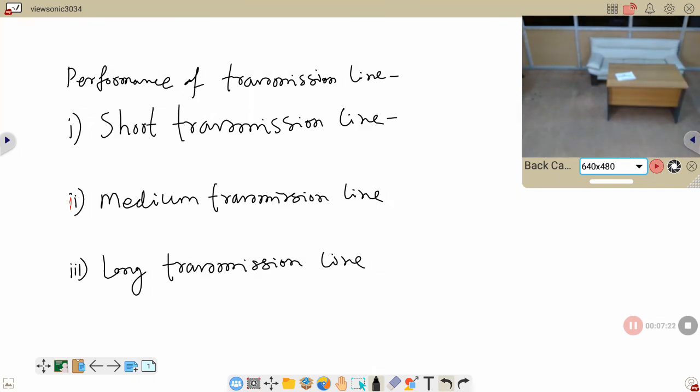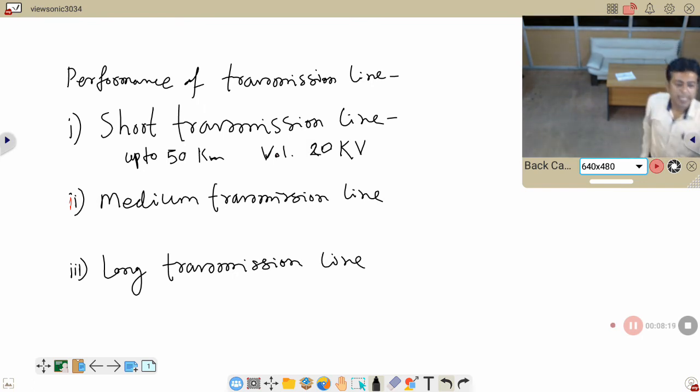In the case of a short transmission line, if the length is up to 50 kilometer and the voltage is up to 20 kV, then we consider the line to be in the short transmission line category.